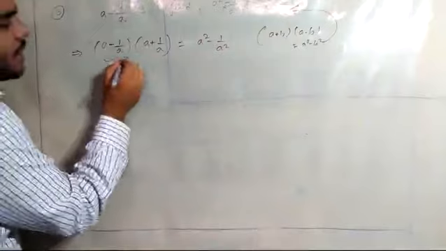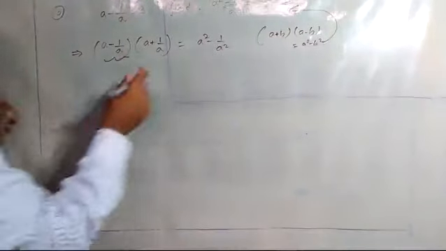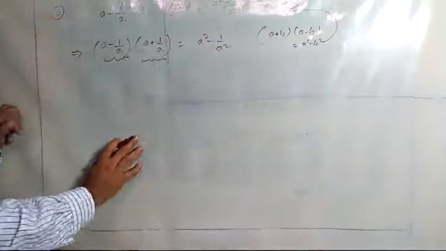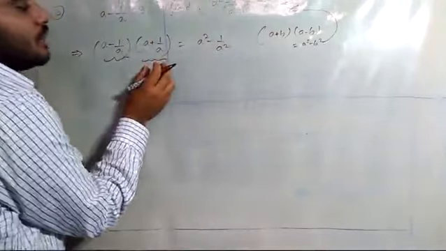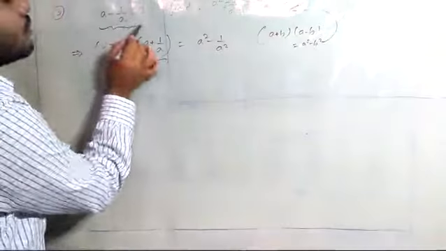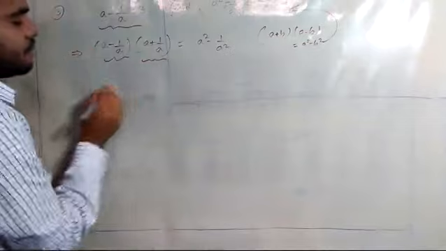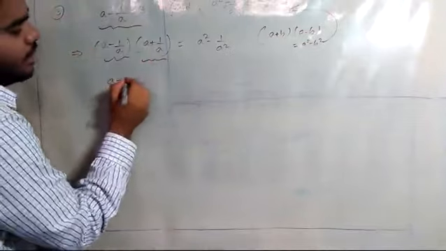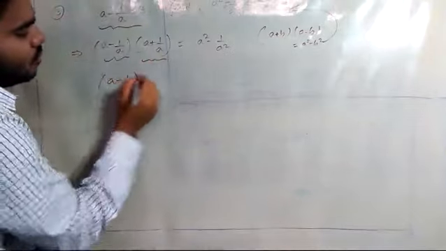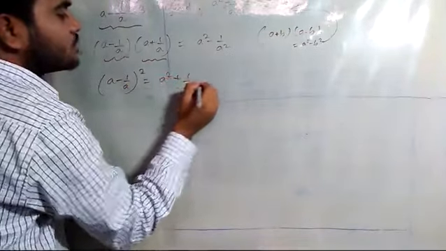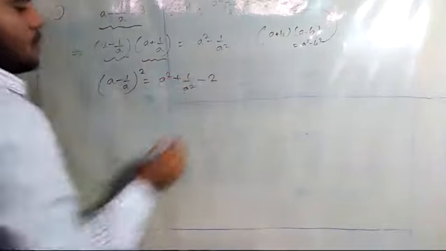Now already a minus 1 by a value is given. My task is to find a plus 1 by a. Okay, how to find a plus 1 by a? You already know that to find a plus 1 by a from a minus 1 by a is very easy. A minus 1 by a whole square can be written as a square plus 1 by a square minus 2.